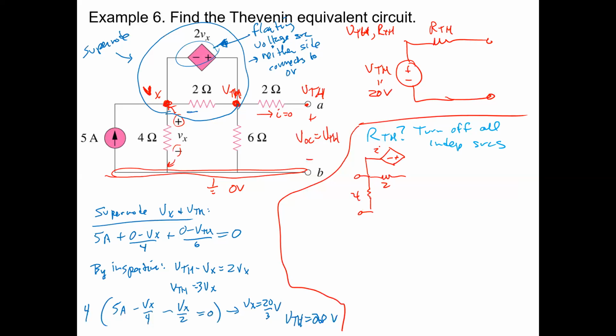But we still have this dependent source here that's 2Vx, Vx being the voltage across the 4 ohm resistor, or the node voltage right here.